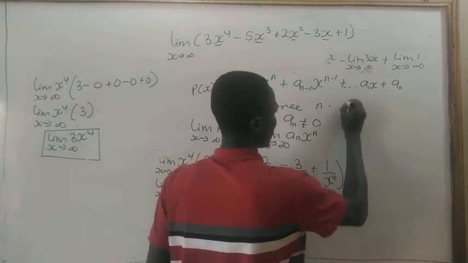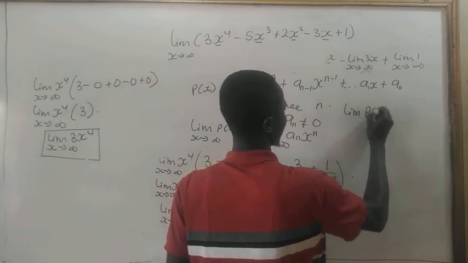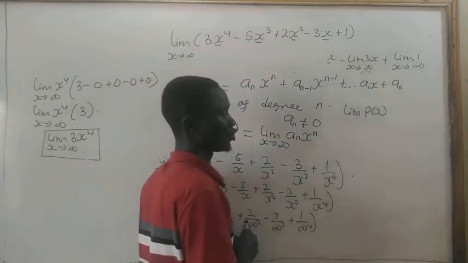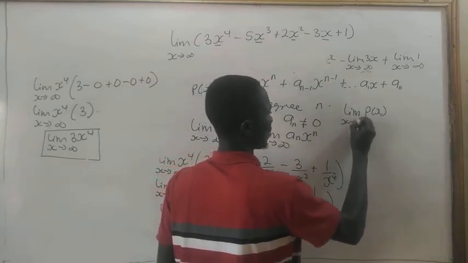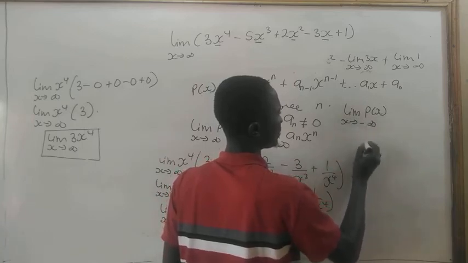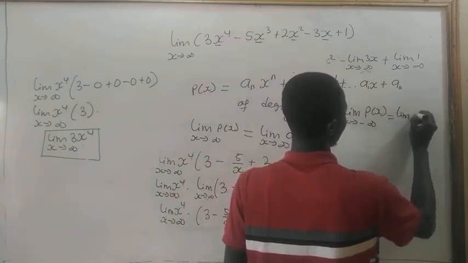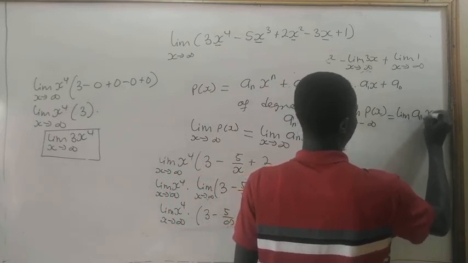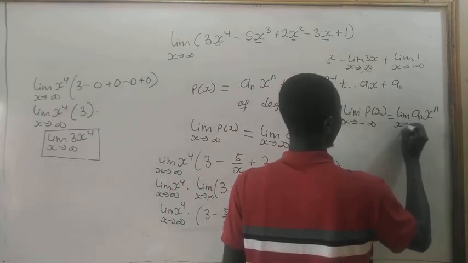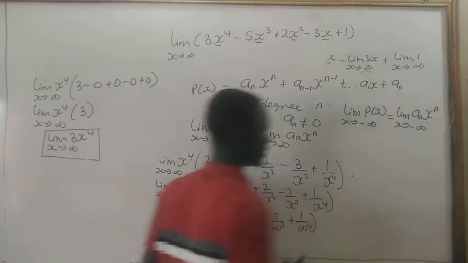And the limit of p of x as x approaches negative infinity is equal to the limit of an x exponent n as x approaches negative infinity.